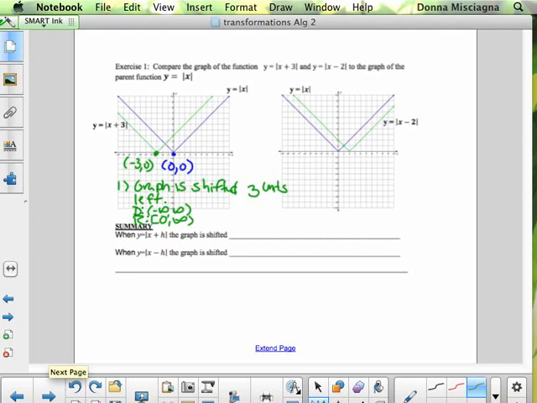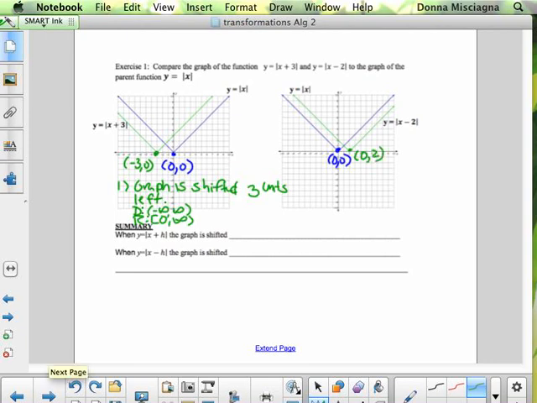All right, so again, we have y equals the absolute value of x has a vertex at (0, 0). y equals the absolute value of x minus 2, where the minus 2 is inside the absolute value bars with the x, has a vertex at (2, 0).